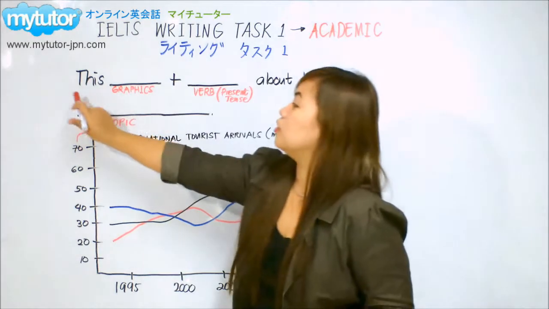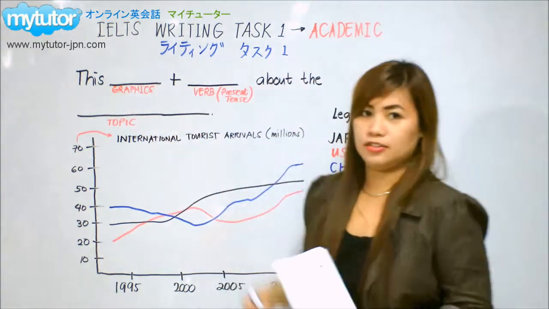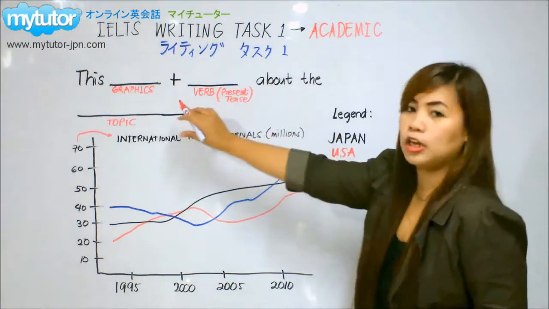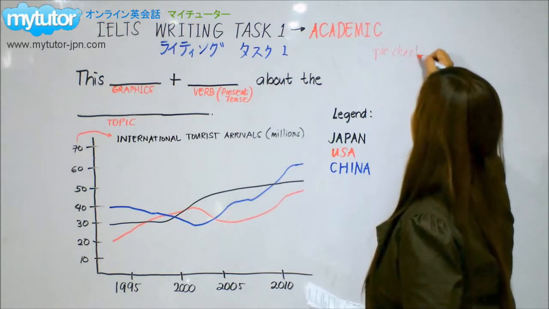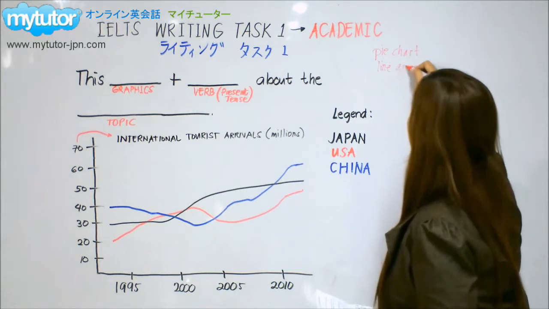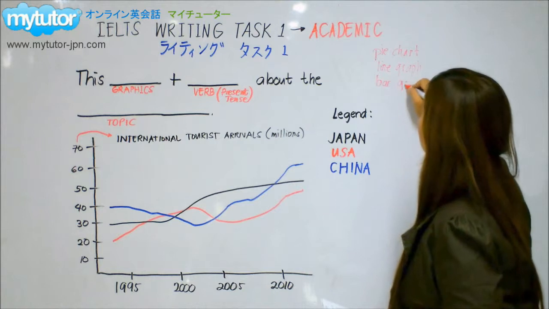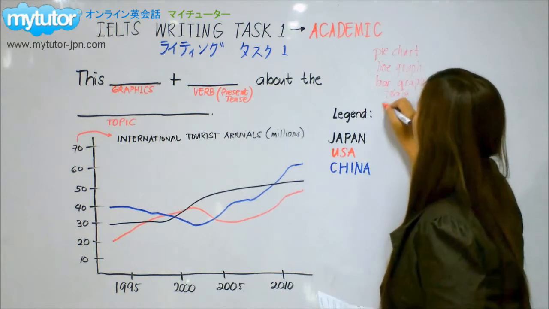This is the pattern: this, and here, graphic. We talked about infographics. You can write here a pie chart, a line graph, a bar graph, a table, or a flow chart.